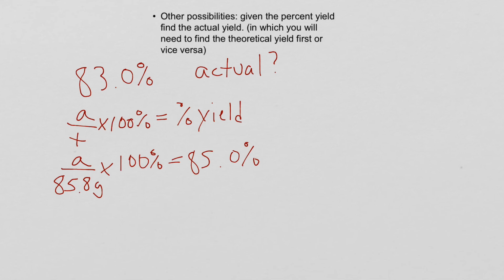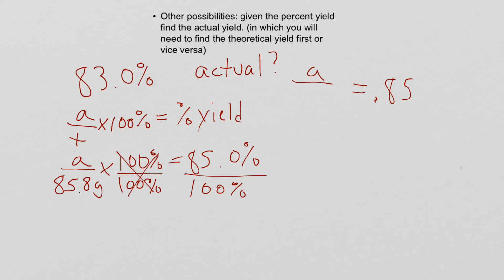This is something you should be able to do, being proficient in algebra, and we're going to continue on doing that throughout the next couple weeks with gas laws. So divide by 100% both sides. So that gets rid of that. And then this becomes 0.85 is equal to A over 85.8.